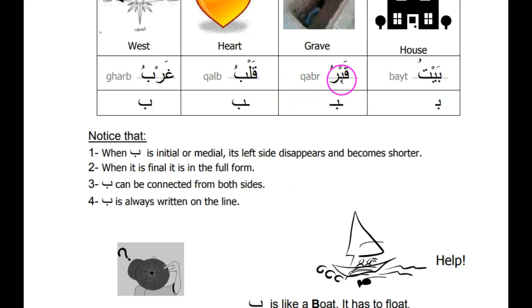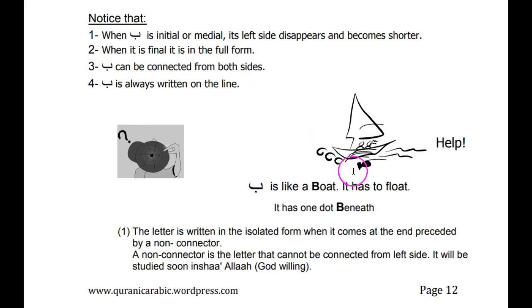We can see here in the middle, she's connected from right and she's connected from left. Yeah? And ba is always written on the line, never under. You know, there are some words where you have the line and you write under. It's not the case of ba. Ba is like a boat. It has to float on top of the line.